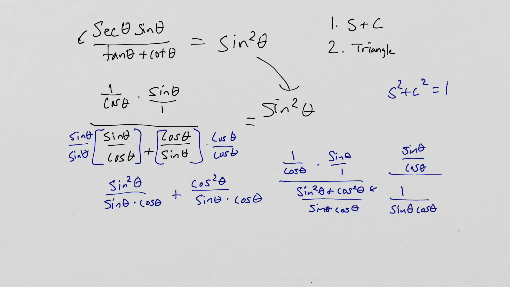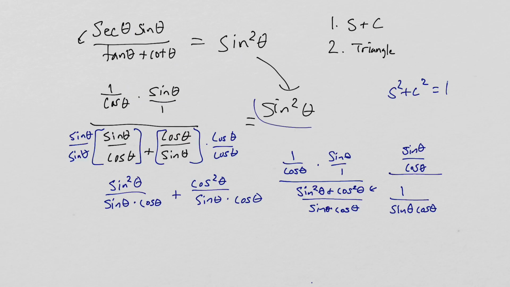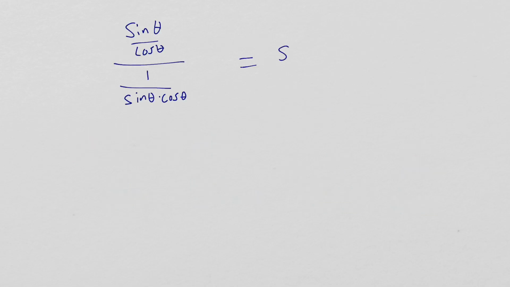I'll go ahead and rewrite on the next page for a little more room. Sine over cosine all over 1 over sine times cosine. And then we said at the very beginning we want that to be equal to sine squared. And now we're going to use algebra to get through the rest of it. So we're dividing by a fraction, so we're going to flip by the reciprocal and multiply.